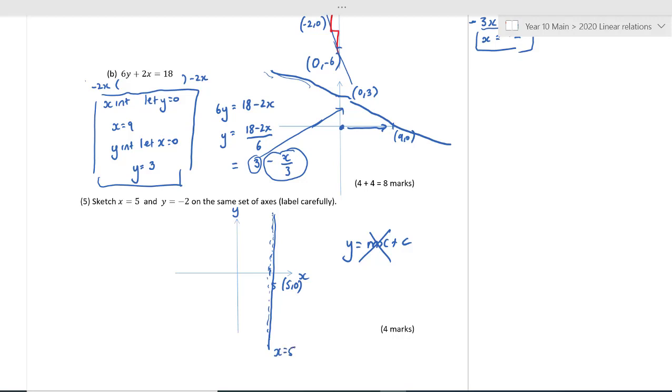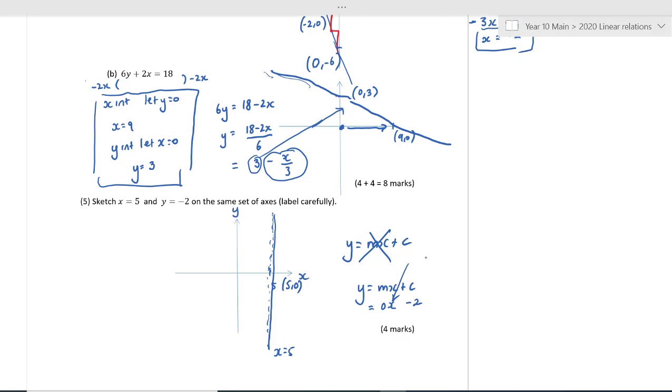Now, the other way, we could almost use y equals mx plus c form, but y equals minus 2. If I've got minus 2 as my constant and 0x, notice that the gradient would be 0.